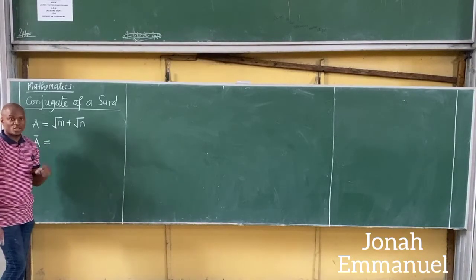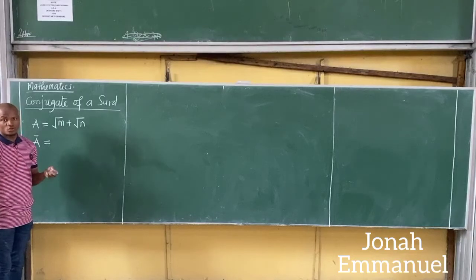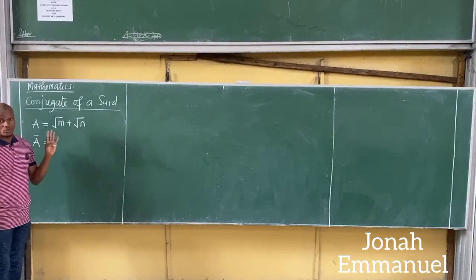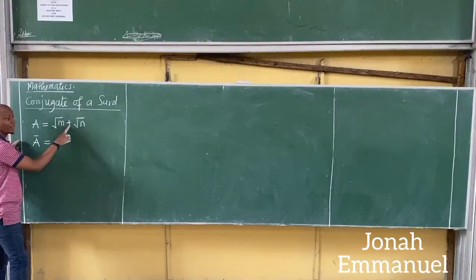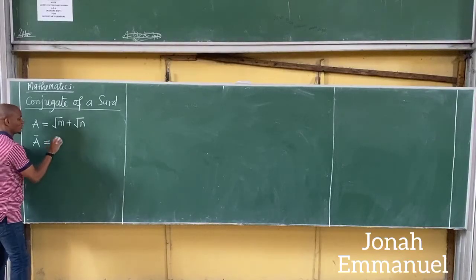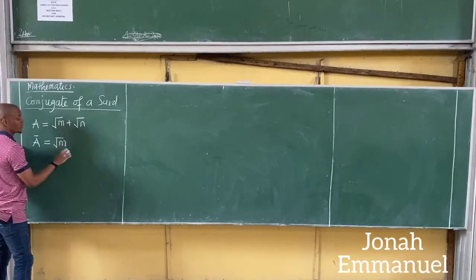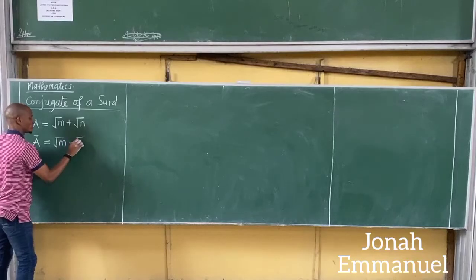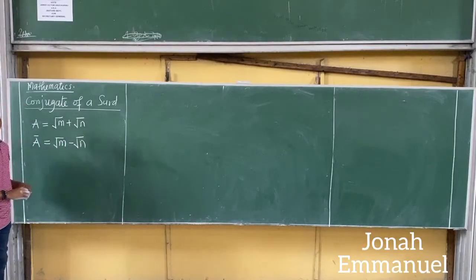When it comes to writing the conjugate of a sum, what do you do? Change the sign to the opposite, that's all. What sign is there? Plus. It becomes what there? Root m. Change that to the opposite, it becomes what there? Minus root n. That's all. So this is what we mean by the conjugate of a sum.